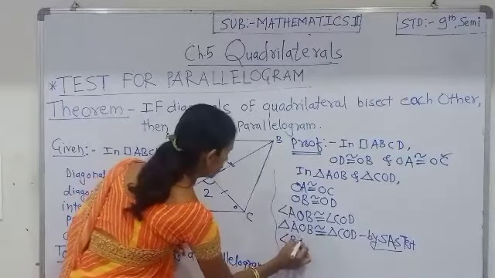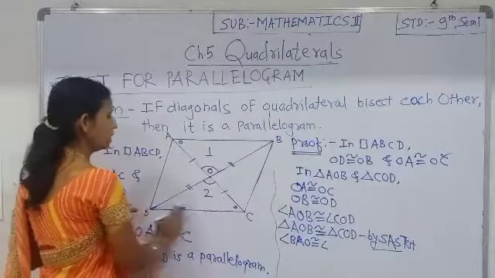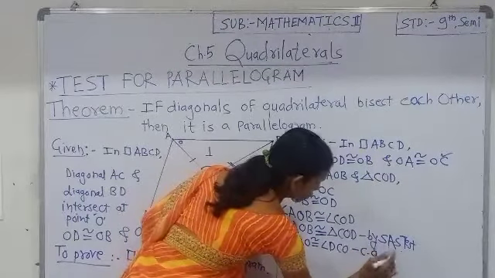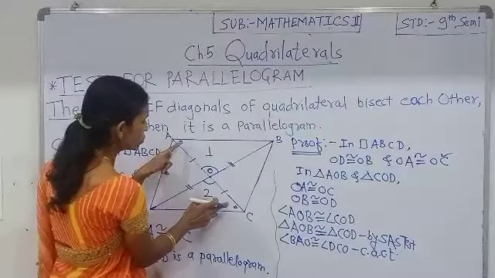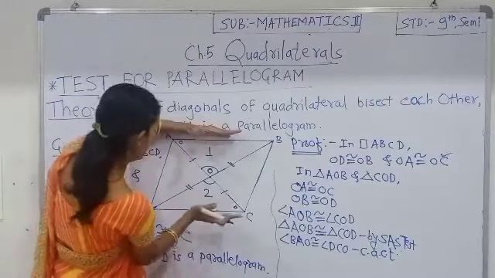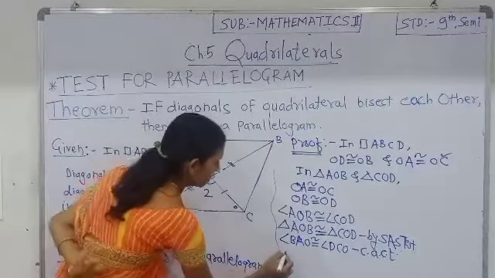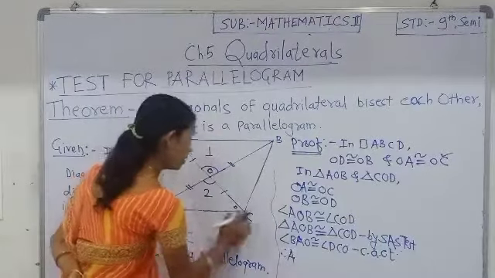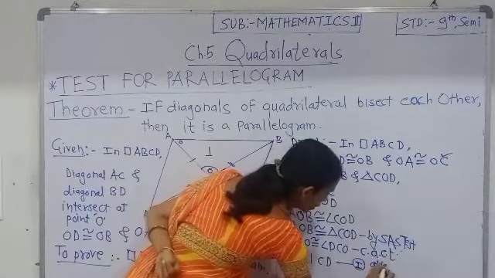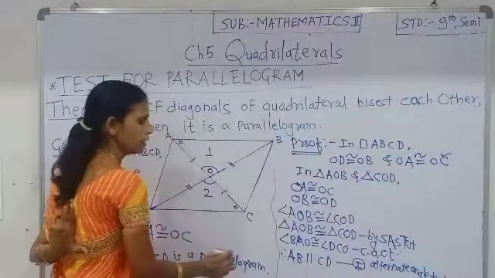Therefore angle BAO is congruent to angle DCO, because they are corresponding angles of congruent triangles. These are alternate angles, because AB and CD are two lines with transversal AC. Therefore AB is parallel to CD, let this be equation number 1, because of the alternate angle test.